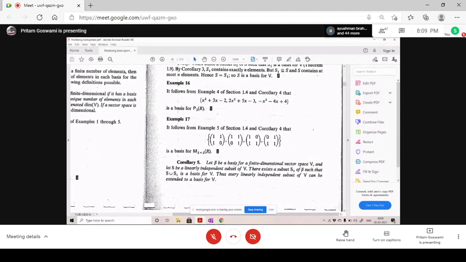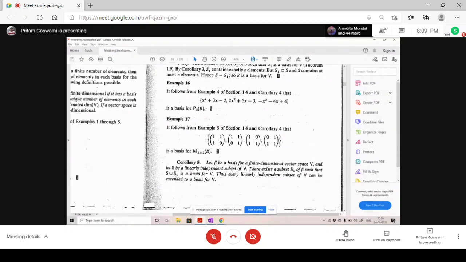Then also let S be a linearly independent subset of V. Then there exists a subset S1 of beta such that S union S1 generates the space.